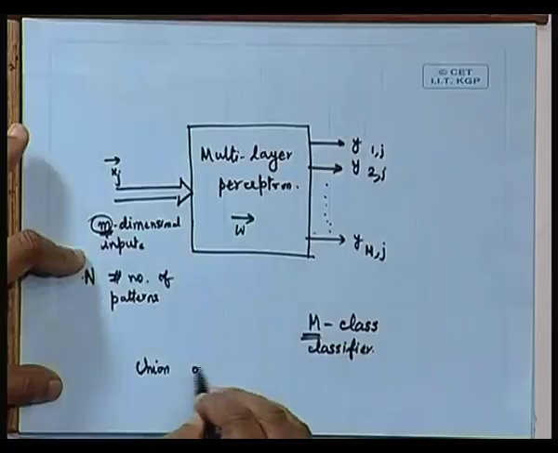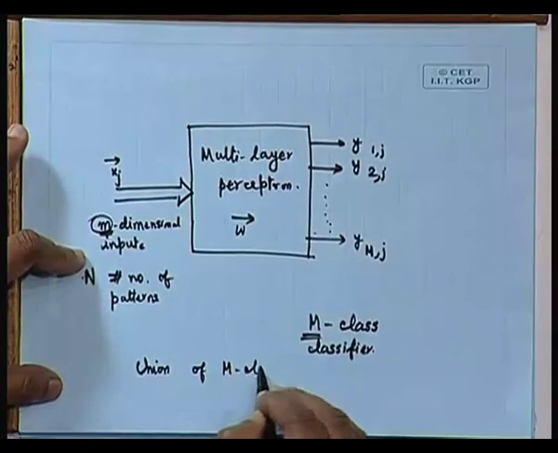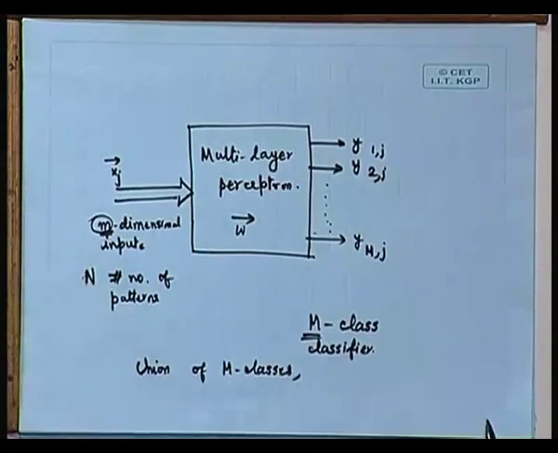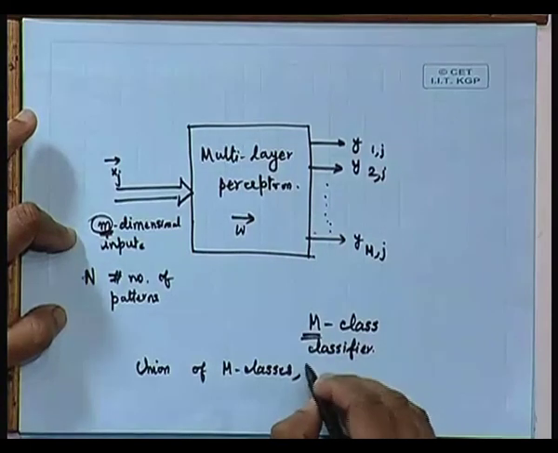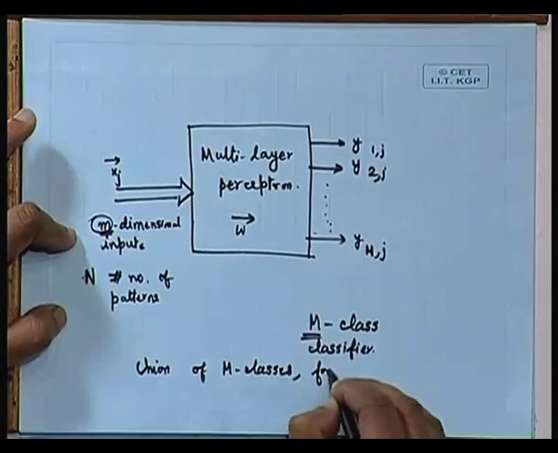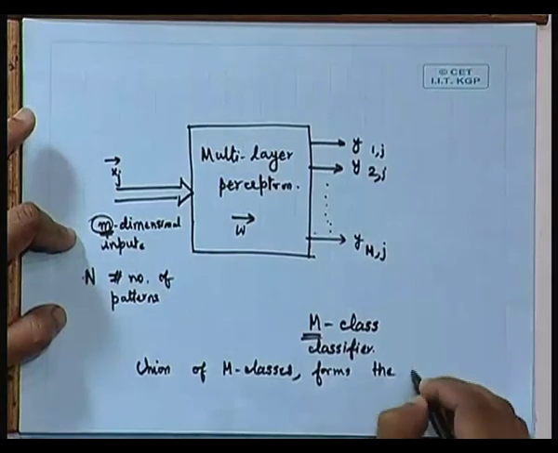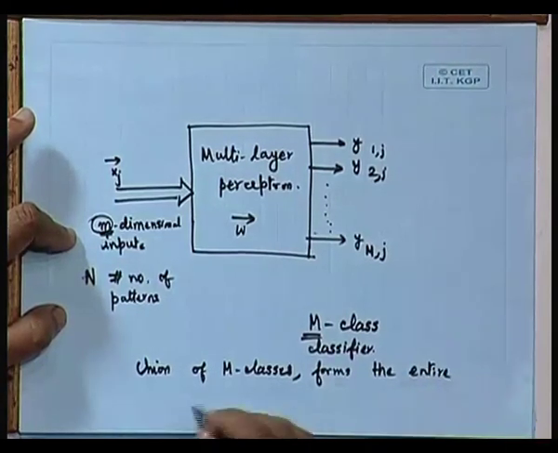Now each of these patterns will belong to one of those m classes, and if we make a union of all the m classes, then it leads to the entire input space. Okay. So, the union of m classes forms the entire input space.